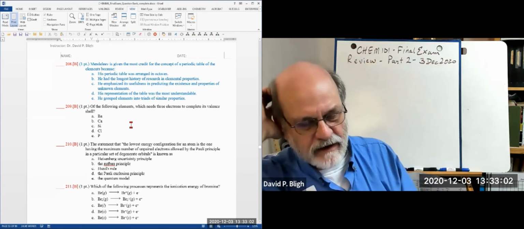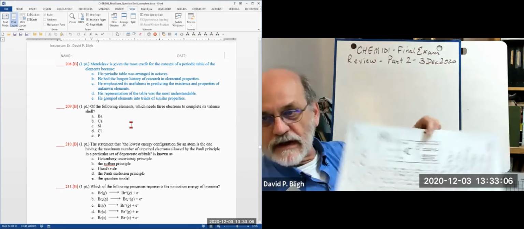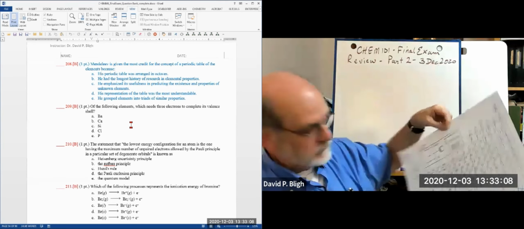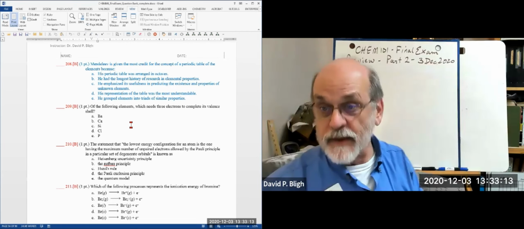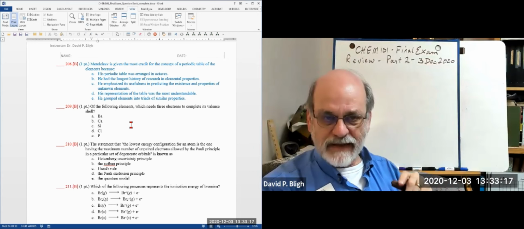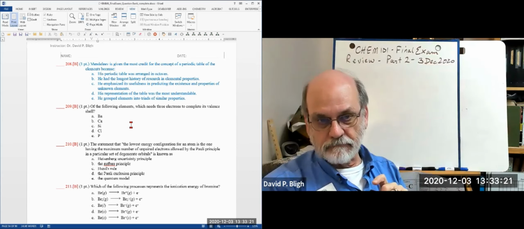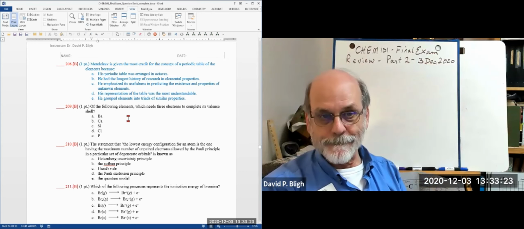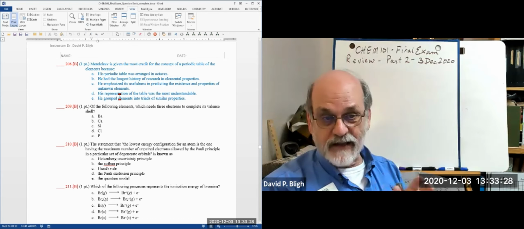How about Mendeleev? Remember him? He's given credit for the modern periodic table. And why is that? There are other people working in that arena. Mendeleev is given credit for one particular reason, although maybe not the only. But in the interest of time, I'll skip to the answer.